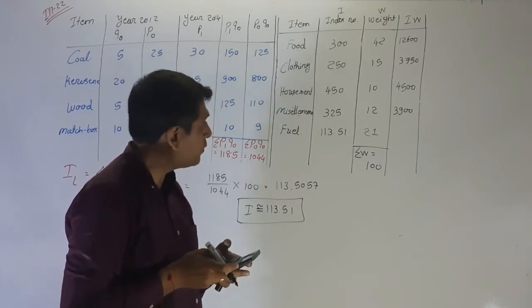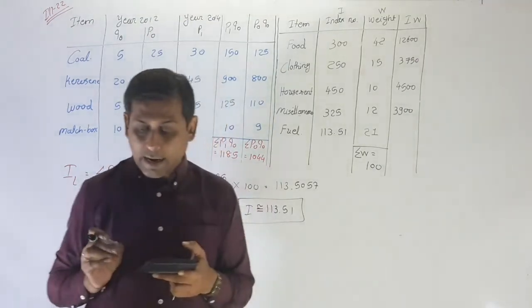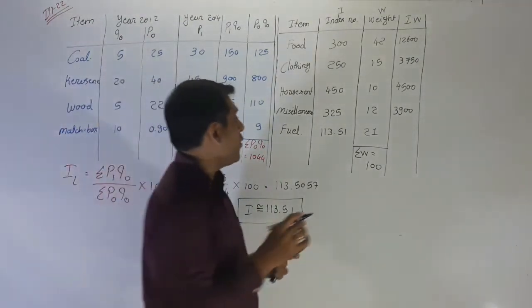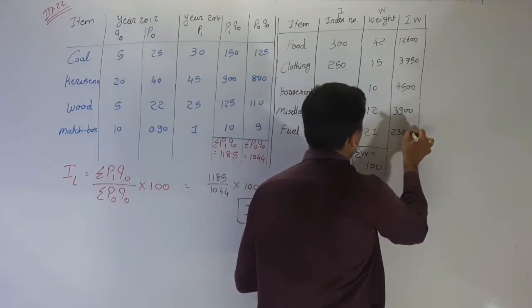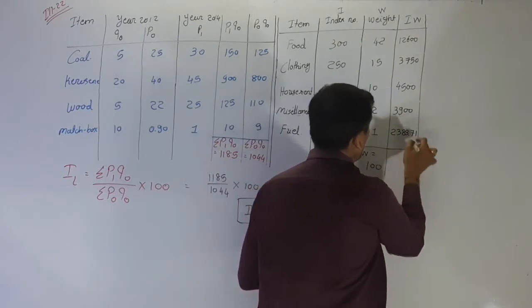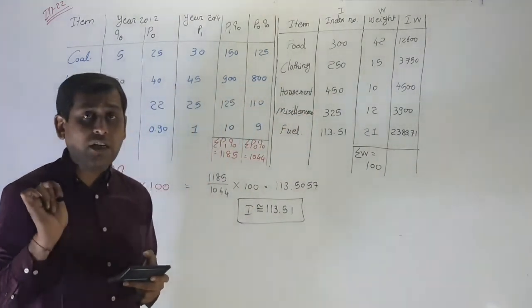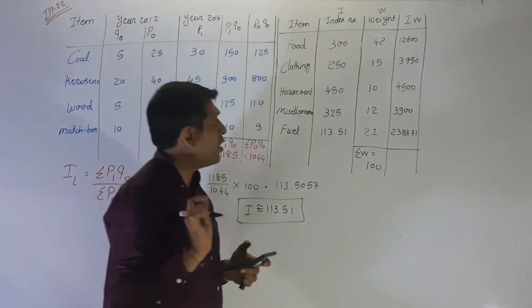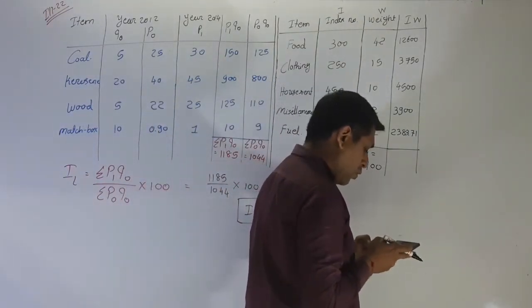113.51 into 21 is 2383.71. You have to write these two digits after the decimal point also, compulsory, because it is your answer. So please write down all these things.